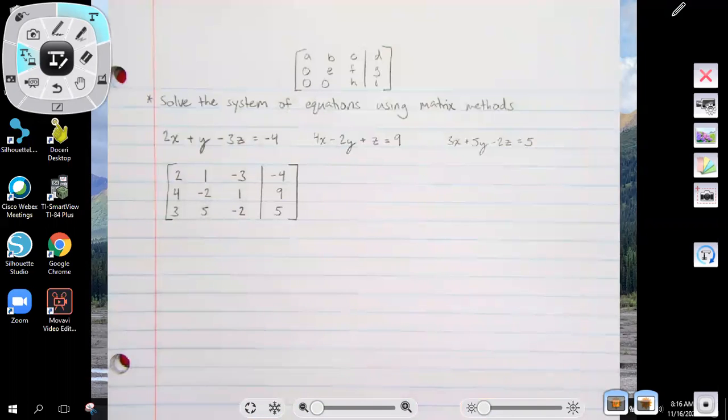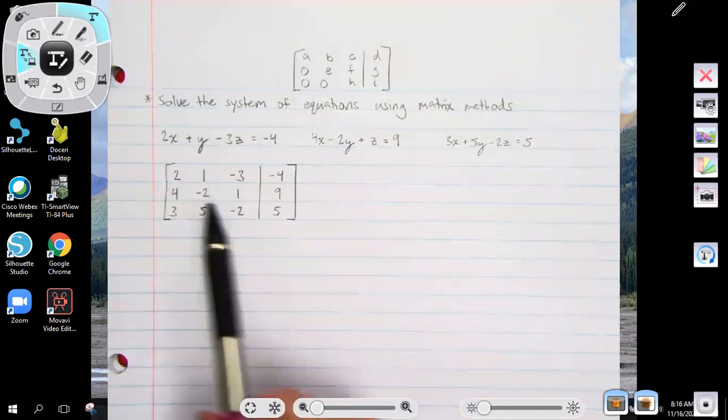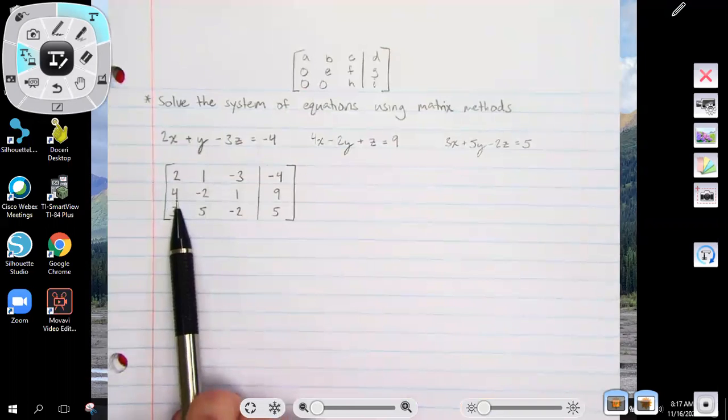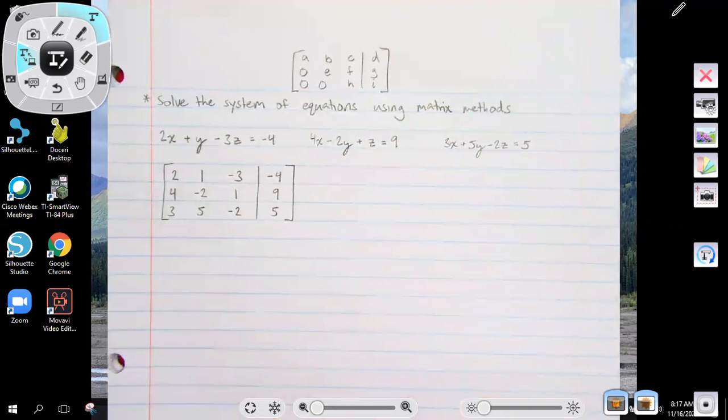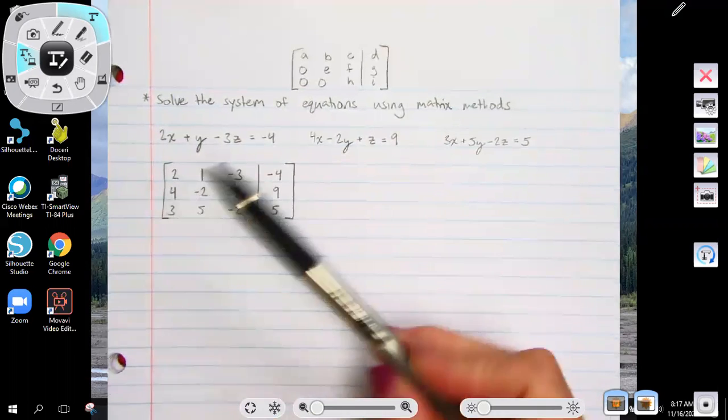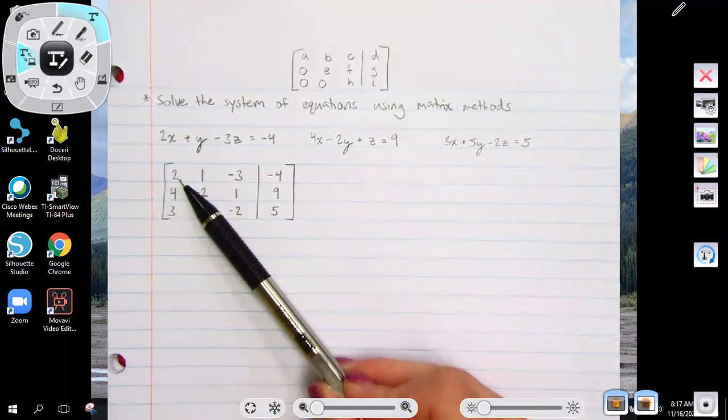Okay, so let's do that with this example. The first row isn't going to change. We look at the second row, and where this 4 is, we need that 4 to become a 0. So the easiest way to do that is to use the first row. Look above the 4, we've got a positive 2.